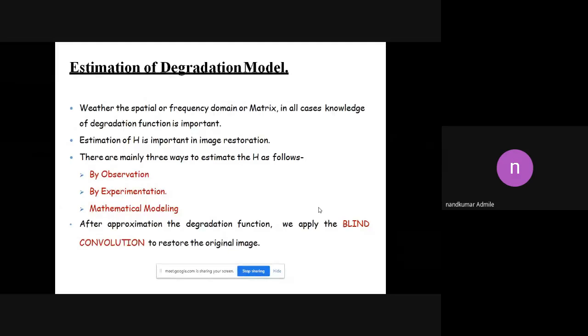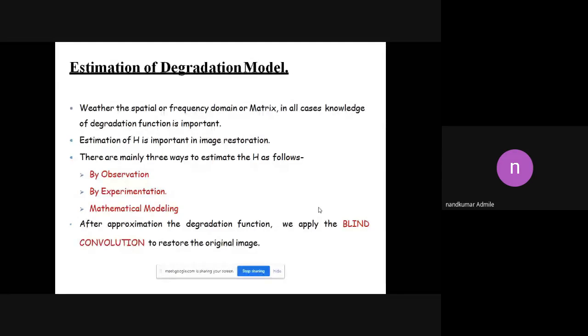There are three techniques to estimate the degradation function, and by using any technique we can estimate it. The first is estimation of the degradation model by observation.